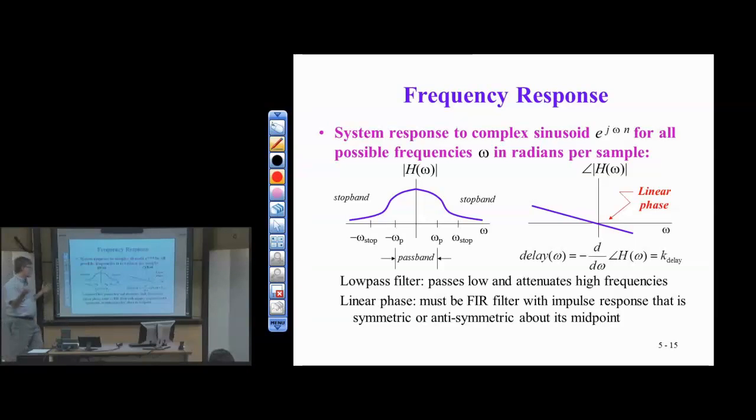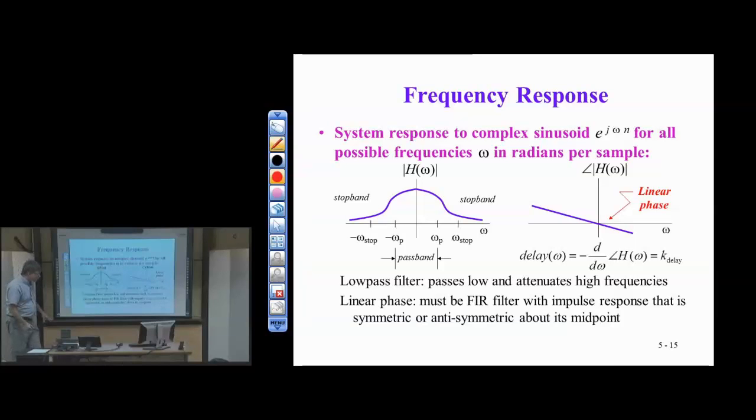It's a whole real line, right? So in practice, we're not going to plot the whole real line, but we're going to plot some frequency range of interest based on our application or what we're trying to do with the filter. So we'll plot some range of frequencies.